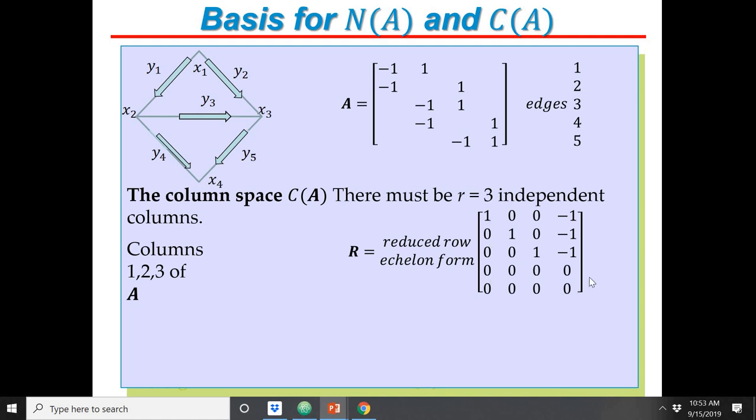You can do your elimination process, and you can see immediately that the first 3 columns are the 3 pivot columns. So effectively, the first 3 columns of A form a basis for the column space of A. So this is the basis.